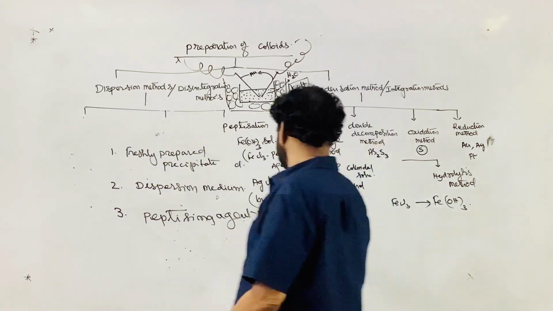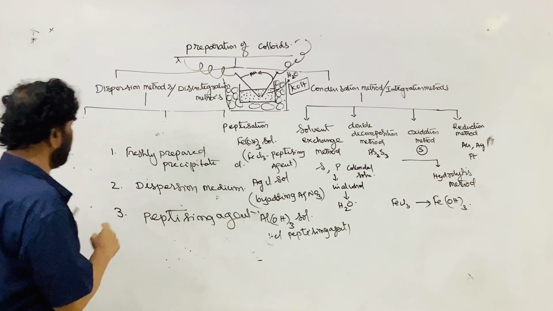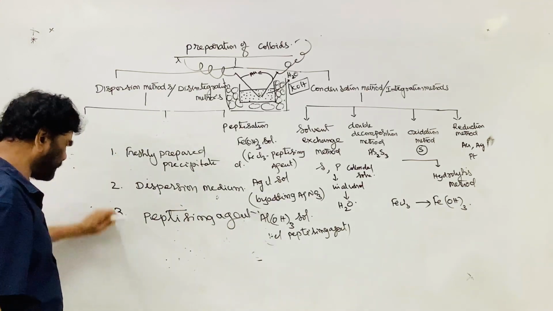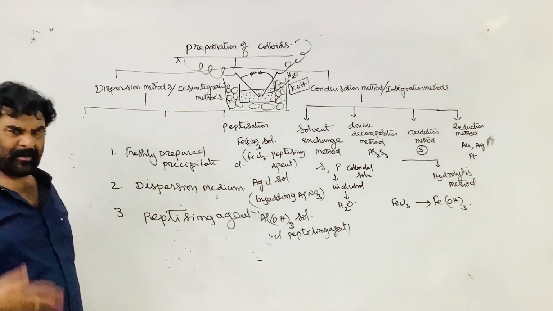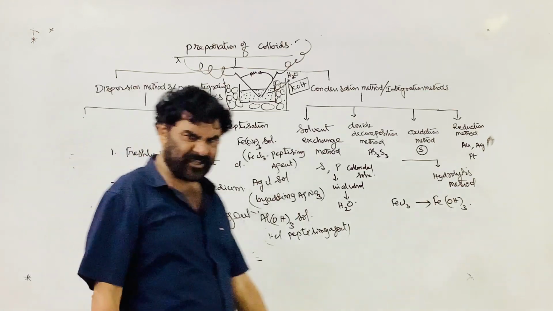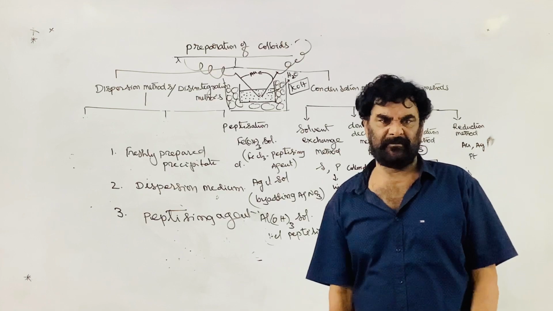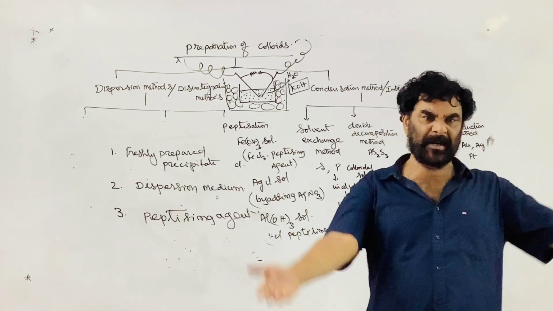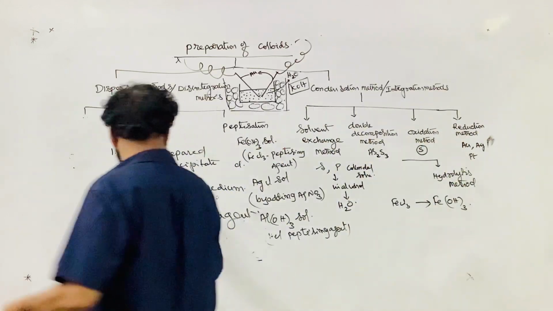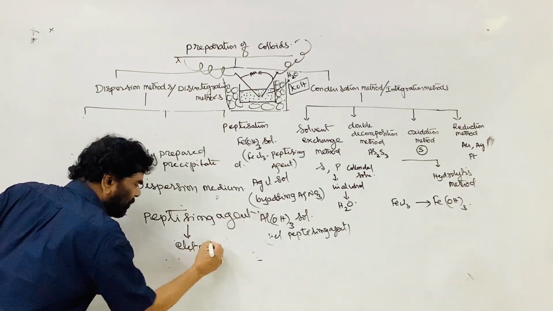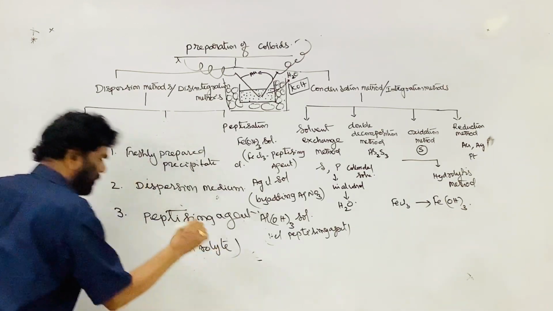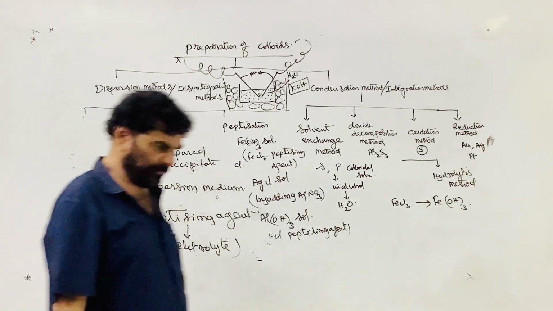Let us see what they do. Take freshly precipitated ferric hydroxide. Here the peptizing agent is an electrolyte, always an electrolyte.